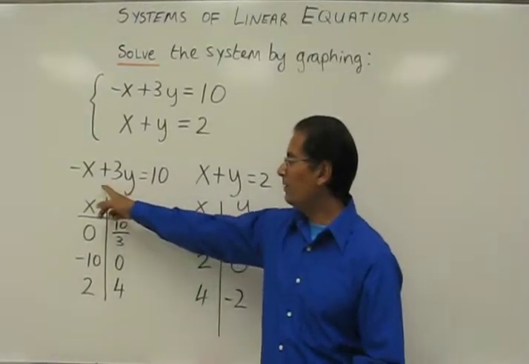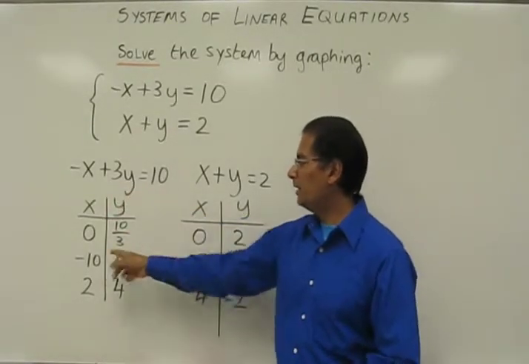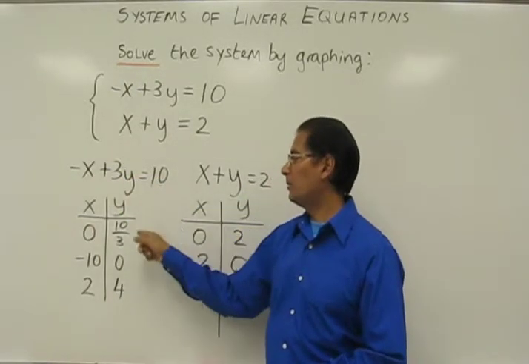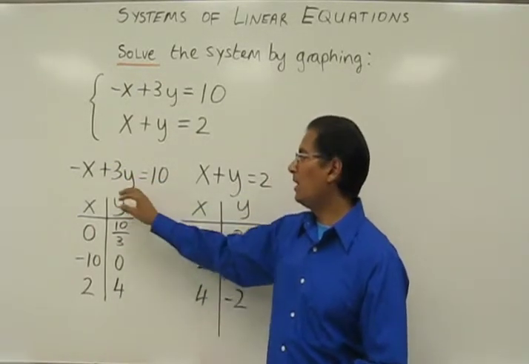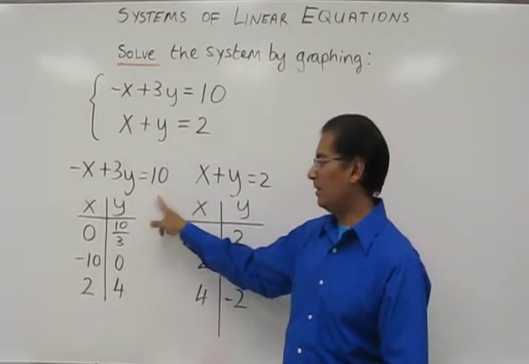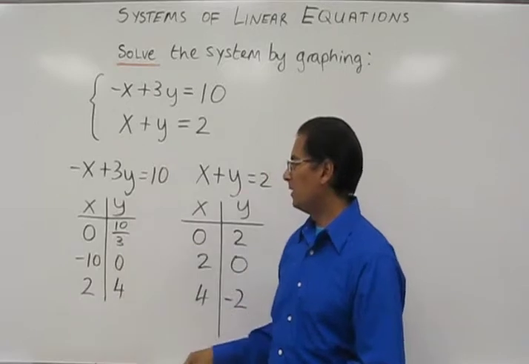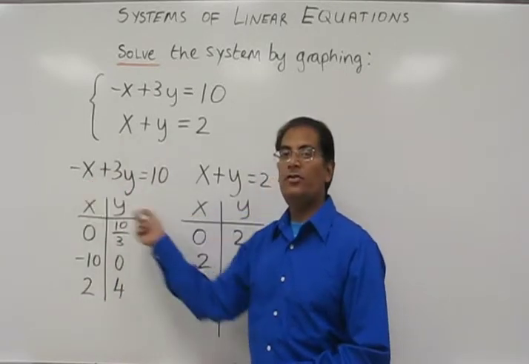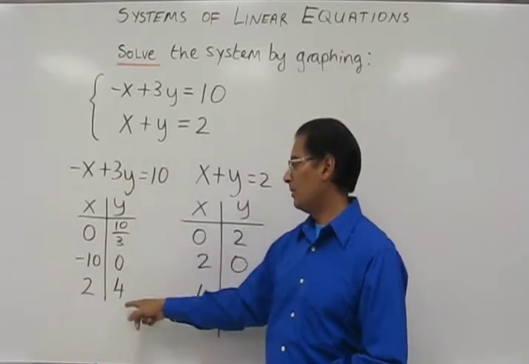Here we have our tables. The first one for negative x plus 3y equals 10. If x is 0, y is going to be 10 over 3. And if y is 0, then x is going to be negative 10. And then if x is 2, we get 10 plus 2, move that over, we get 12, divided by 3 is 4.